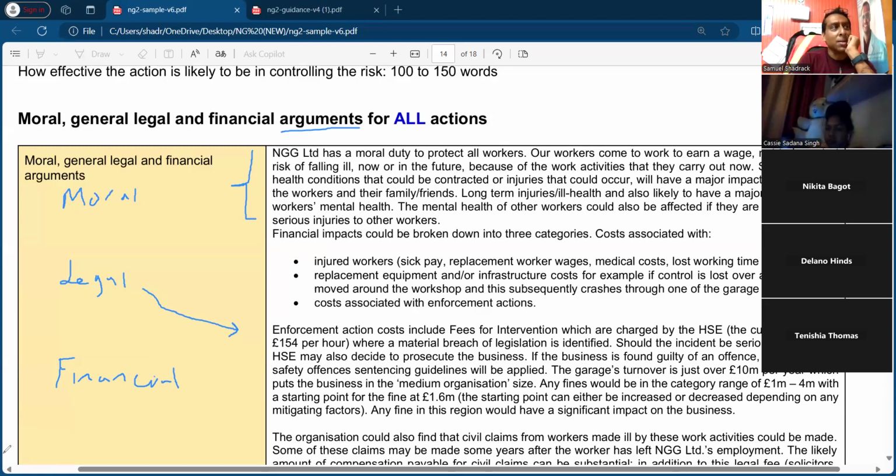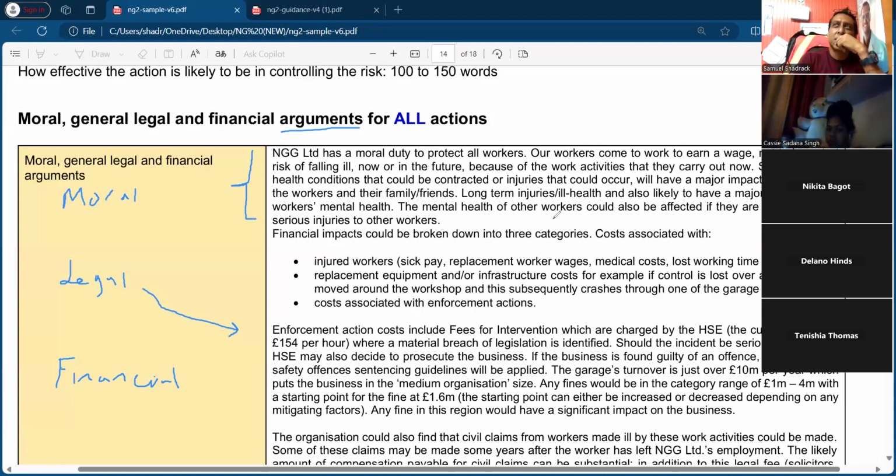Morally then, for those who remember, moral meant you manage health and safety because it's the right thing to do. So they make mention of the company, like NGG Limited, as a moral duty to protect all workers. Our workers come to work to earn a wage, but in a way it still is general because they are still talking about workers, just generalized.